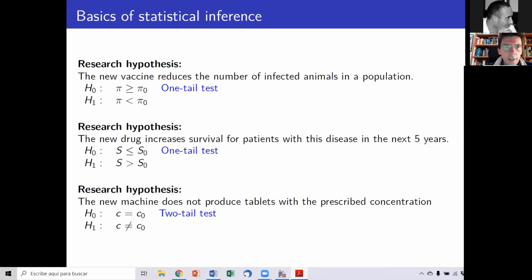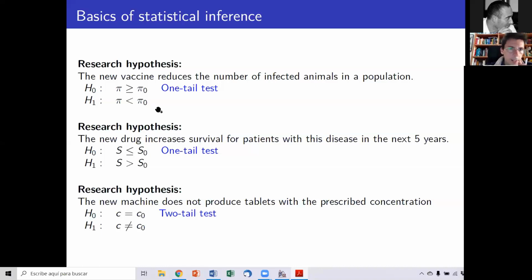The first thing is to decide whether you have a one-tail or a two-tail test. A one-tail test is when you are interested only in one side of the changes, for instance, whether something reduces or increases.